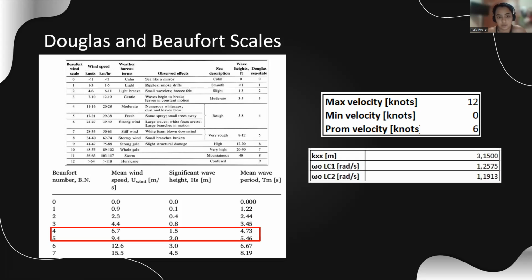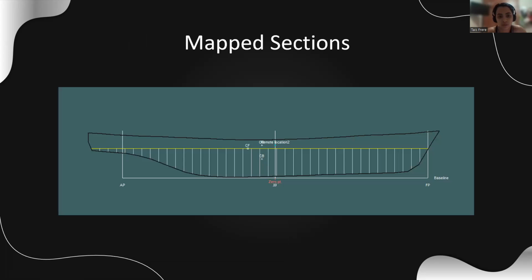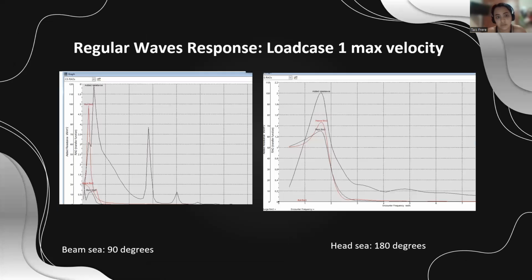Okay. Go on. Well, then we put the model in MaxSurf Motion, and we consider 41 sections. Up to now, we have obtained the roll response. This is for load case number 1, and on the left side, we consider 90 degrees. We can see the response in roll is the highest, as was expected, and for 180 degrees it is the heave that is most considered. Yeah, makes sense. A similar thing happens in load case 2.